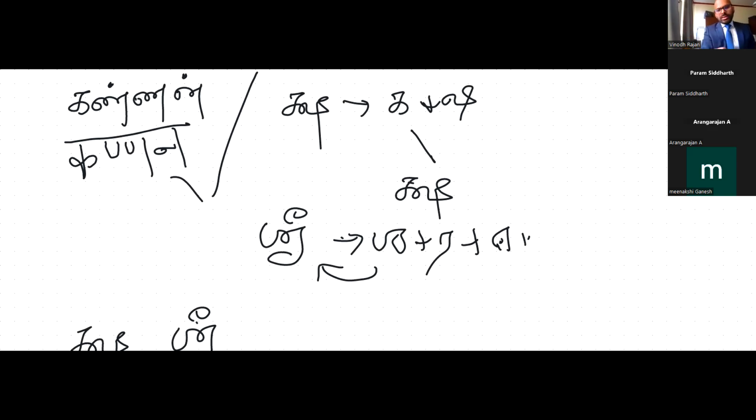To write the word deer, you combine the letters in a single stroke.